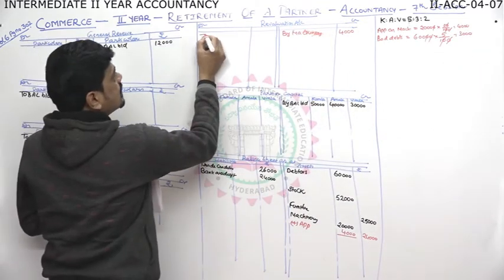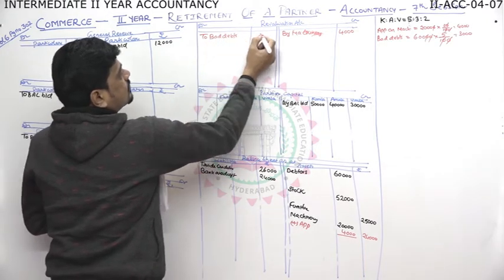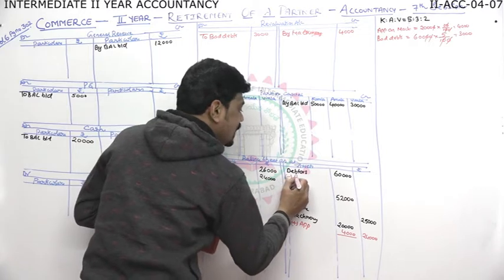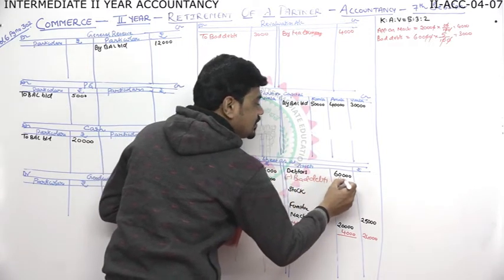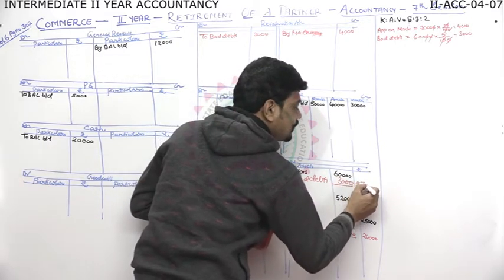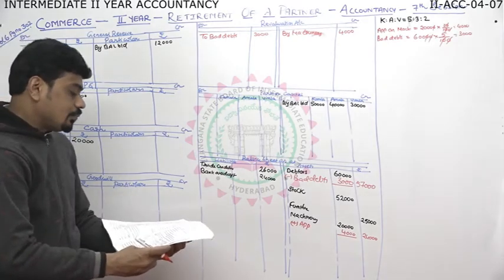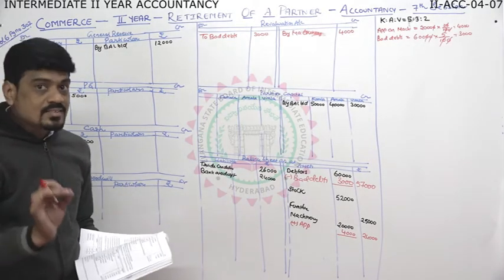So revaluation again, to bad debts 3,000. Subtract from debtors, minus bad debts. How much, sir? 3,000. So 60 minus 3, 57,000 are my debtors. Then stock is depreciated by 6,000. By 6,000 they told.